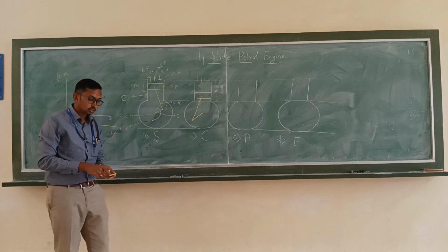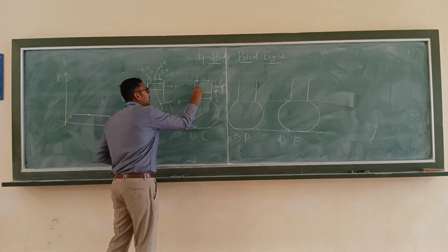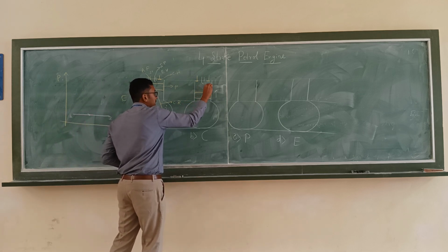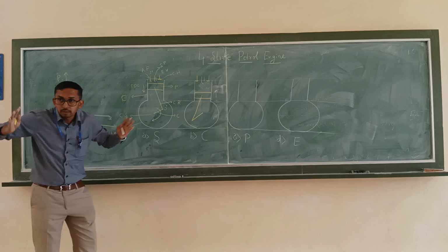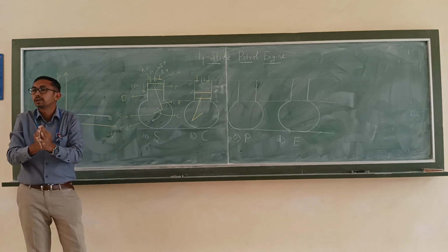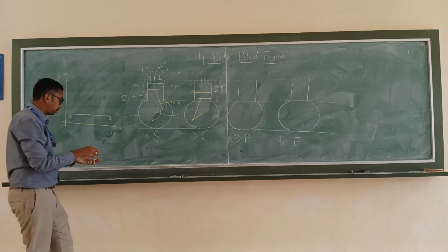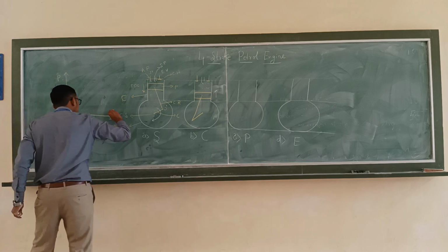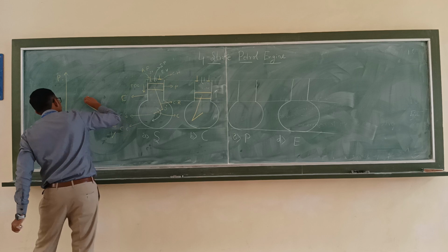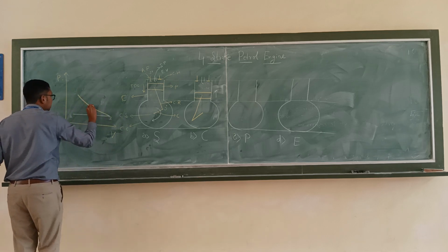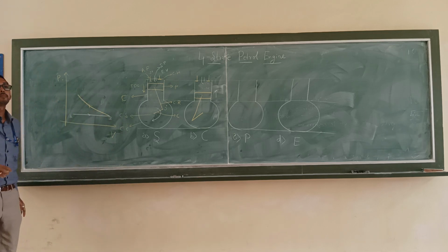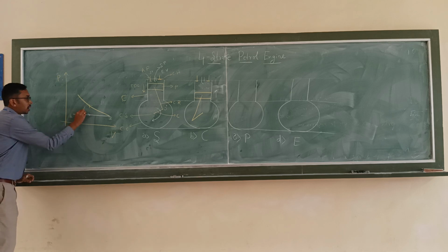What happens? During the movement, the air fuel mixture present in the cylinder will be compressed to high pressure and temperature. This can be represented in the PV diagram from B to C. This is called adiabatic compression. What is this?